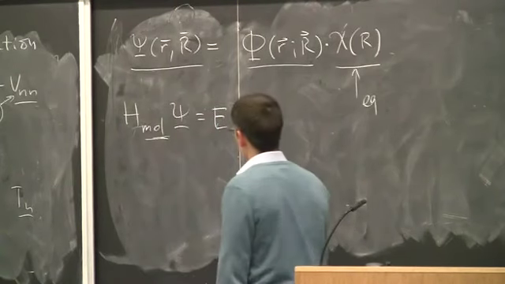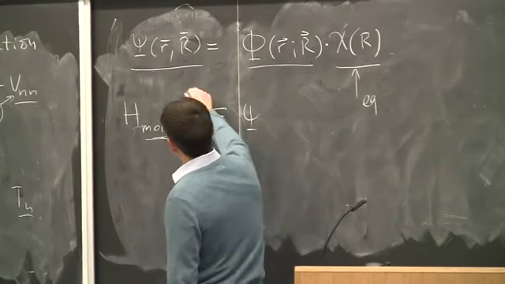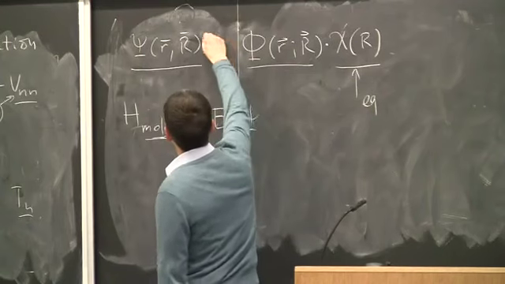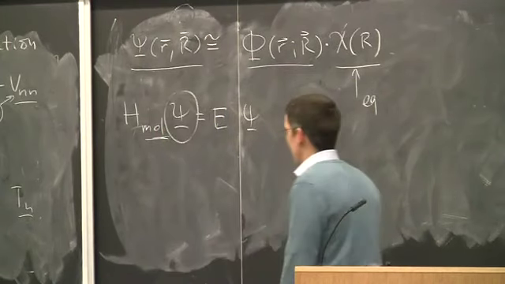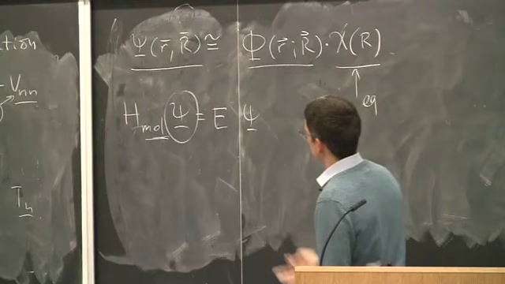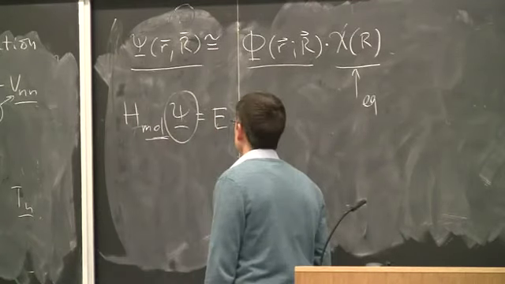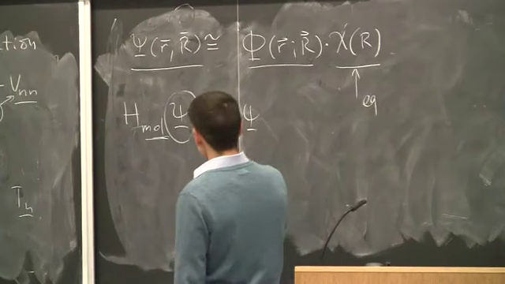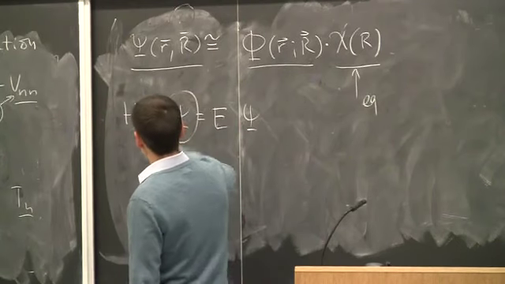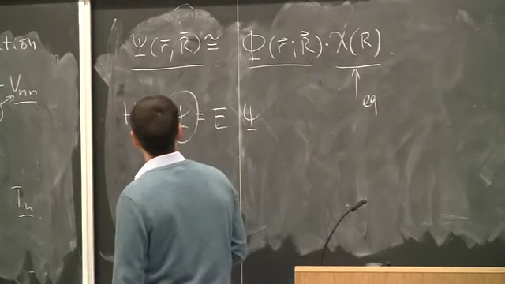That's what we're looking for. And it will be approximated, so I have no right to write that it's exactly the product, because it's not. So we're looking for an approximation for the total wave function.